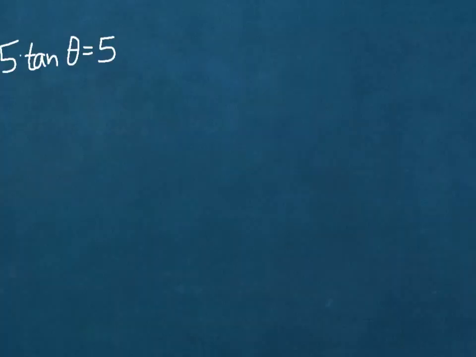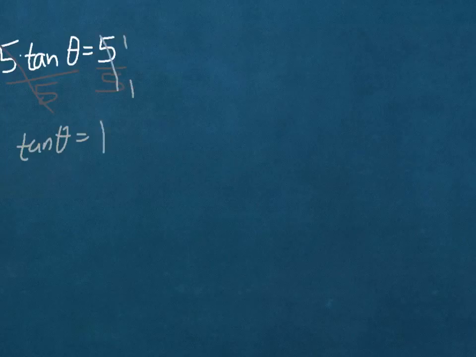Before I give you too many more, I'm going to show you a tangent one I totally forgot. So if we have 5 times the tangent of theta equals 5, we're just going to divide both sides by 5. Keeping in mind that our tangent of theta will be equal to 5 over 5, which kind of cancels, but technically it's 1 over 1, so it's 1. Remember with tangent, that's the goofy one.